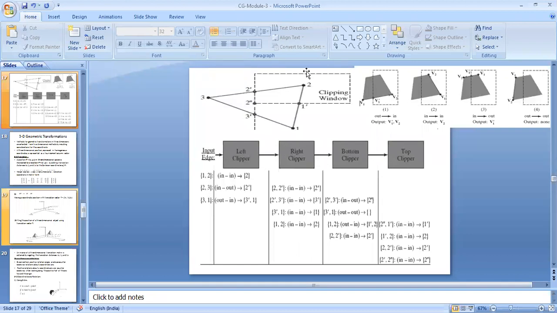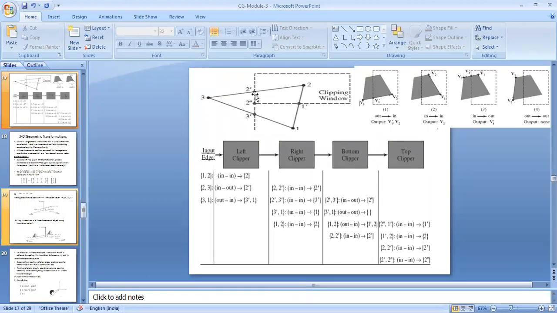Edges 1 to 2, next 2 to 3, next 3 to 1. These are my edges. If this is the clipping boundary for me, then from 1 to 2, here I have 1, here I have 2. From 1 to 2, what is that scenario?